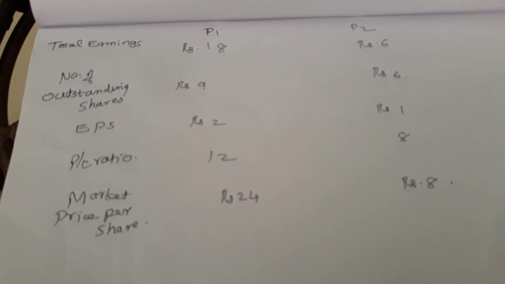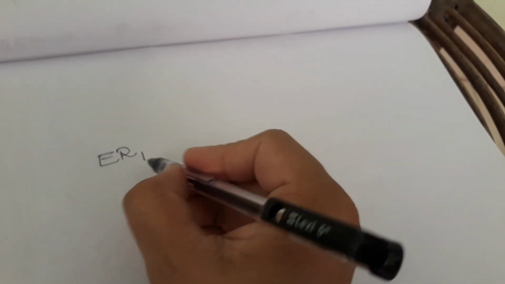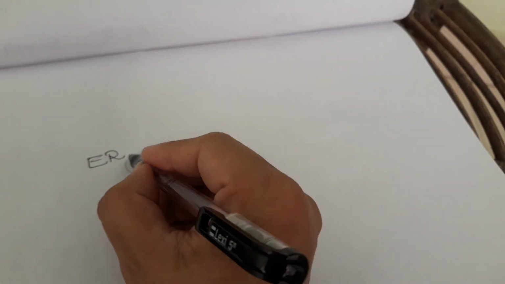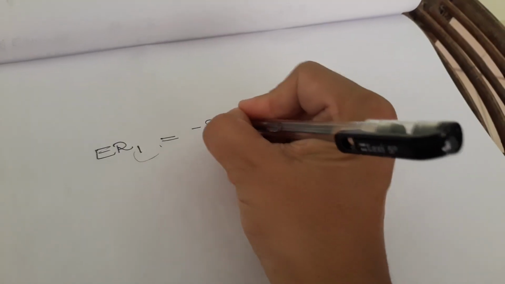So let us work out this problem with the help of this formula. How does this formula help us? Once again, let's recall. That is the exchange rate, that is, how many shares of firm 1 should be issued to firm 2 in order to acquire the firm. So what is the formula? S1 by S2.